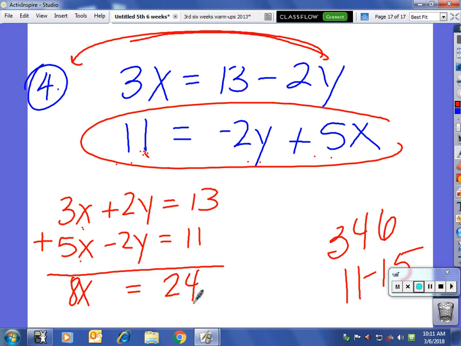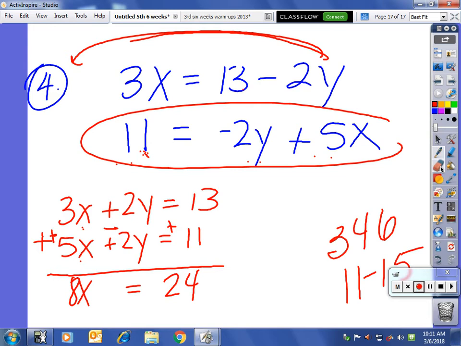Okay, so that's what I was saying. You moved everything. Well, so you would have had negative 5x plus 2y equals negative 11. That's still okay. And then you got to multiply everything by negative. So then it's going to go right back to positive 5x minus 2y equals positive 11.